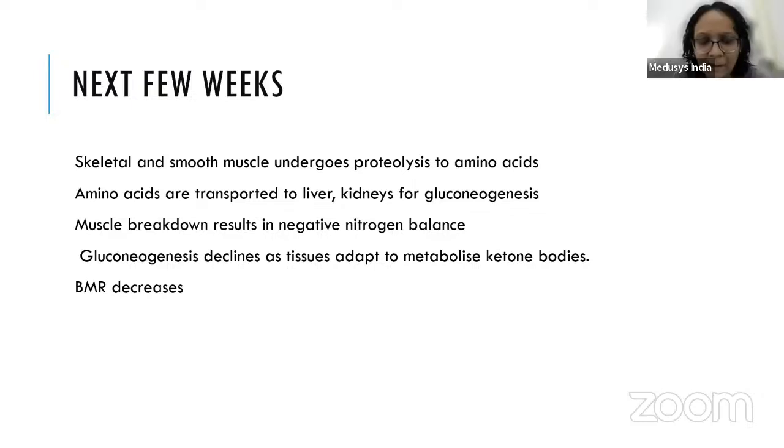The heart will also adapt to utilize ketone bodies as an energy source, but this is not an efficient source of energy. Next few weeks, muscles also get compromised and undergo proteolysis to amino acids. Then they go to the liver and kidneys for gluconeogenesis. And as muscle starts breaking down, it results in negative nitrogen balance.